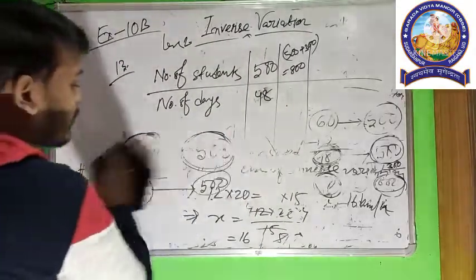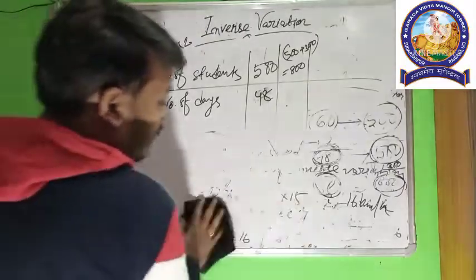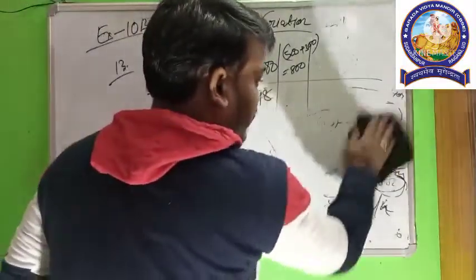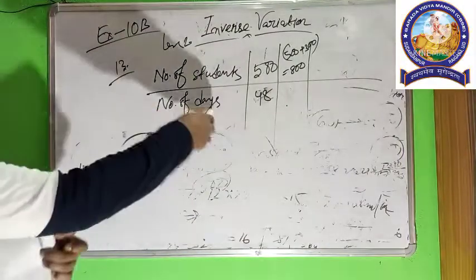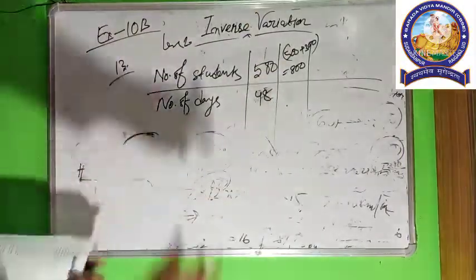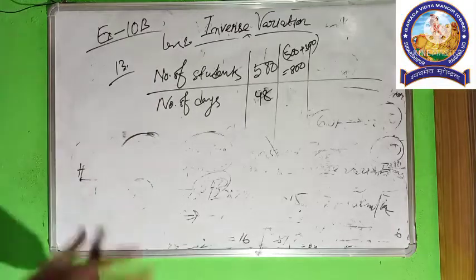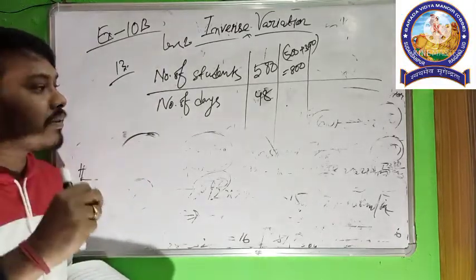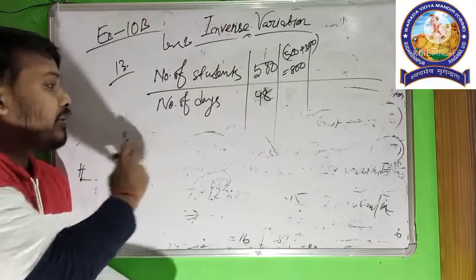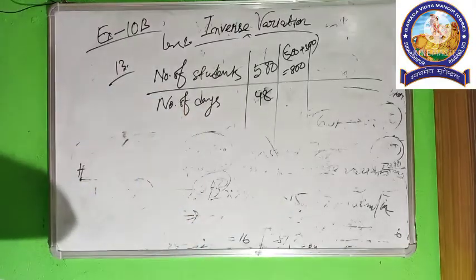So here also, first we define the relation between number of students and number of days. If the number of students becomes more, then will the ration last for more days or less days?